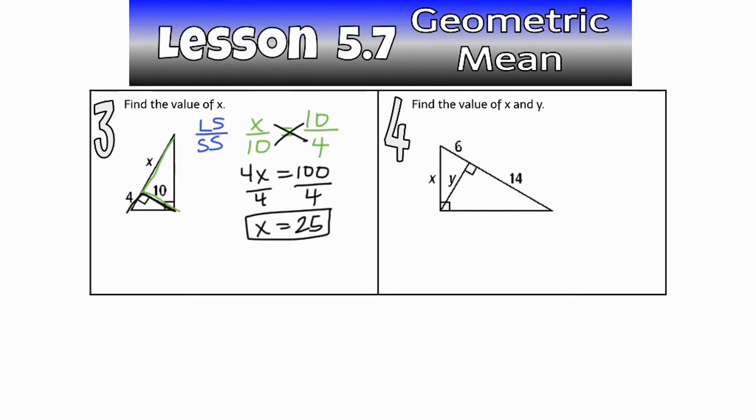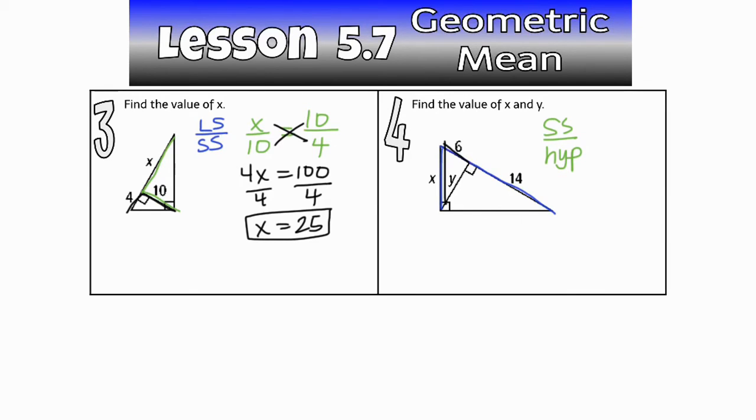All right, so we have another x and y. So what I'm going to do is, we'll just solve for x first. This comes first in the alphabet. It is a short side for this big triangle, and I have the hypotenuse. And then I have the short side for this right triangle and the hypotenuse. So I have short side divided by the hypotenuse.